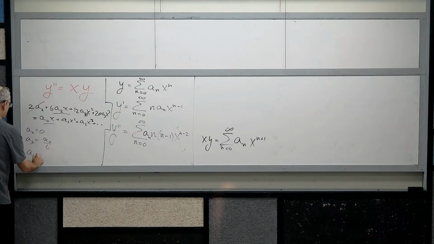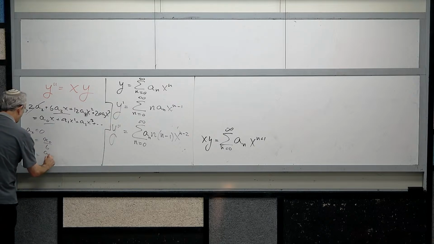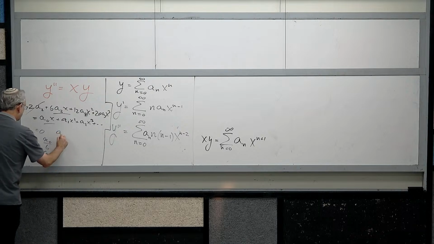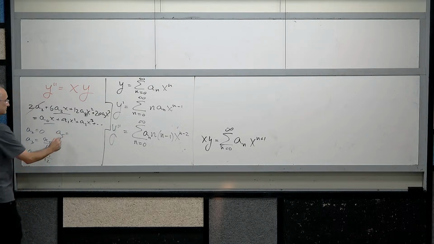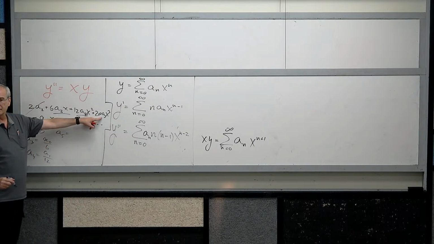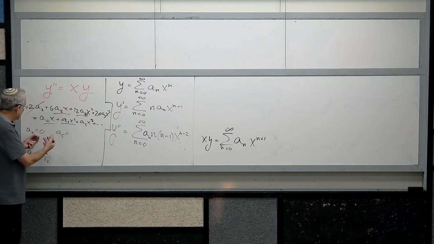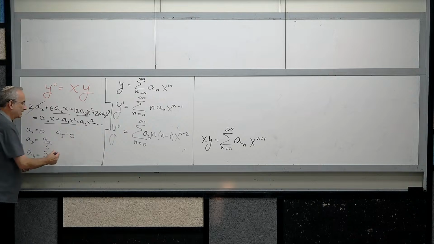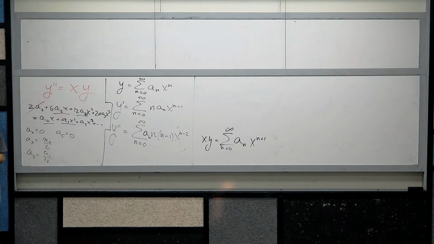What about a4? a4 is a1 over 12. What about a5? Also 0 because a2 is 0, so a5 is 0. You see? So this is just to get an idea of how the calculation of the coefficients unfolds.